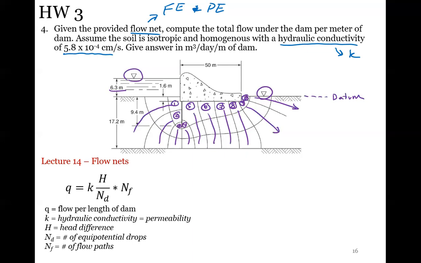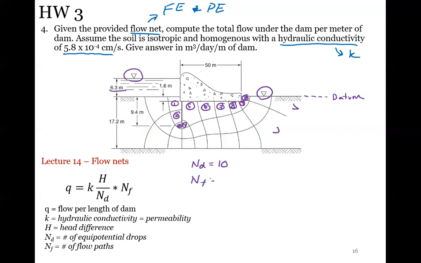And we have 10 drops total. That means 6.3 divided by 10, so 0.63 meters of head is lost at each one of these drops. That's what that is physically telling us. So for that, our ND is going to be 10.